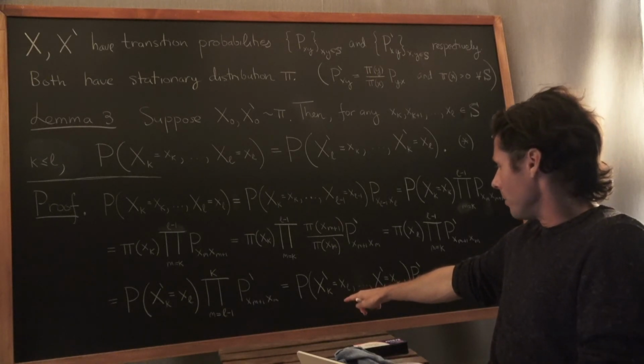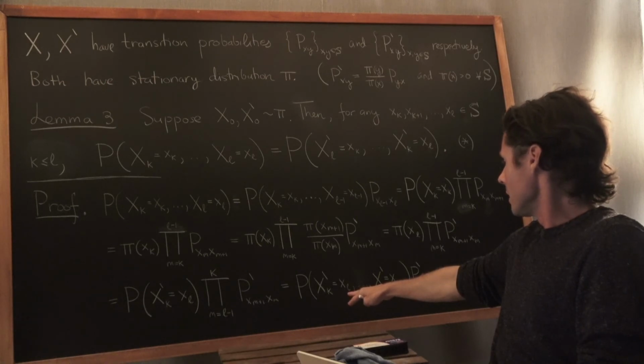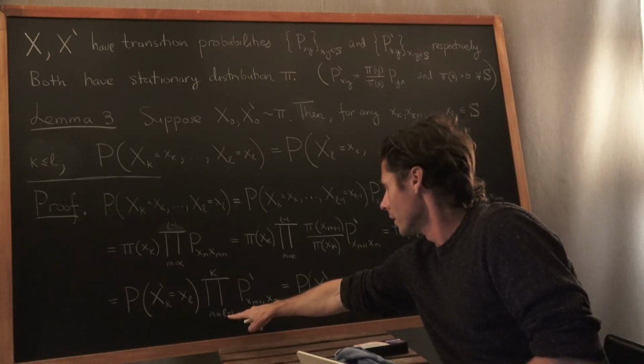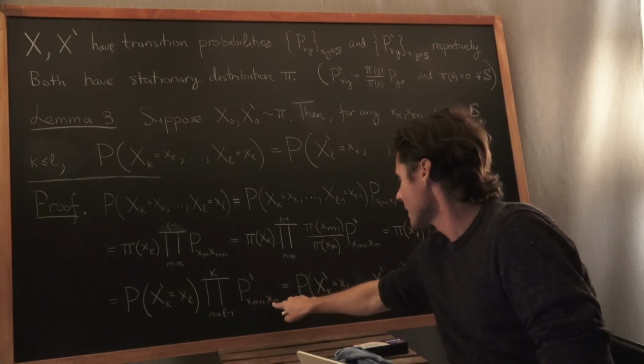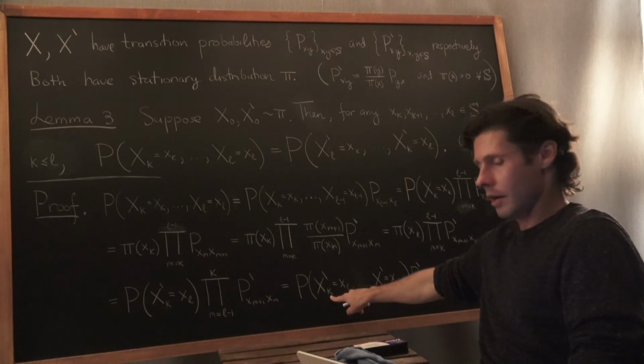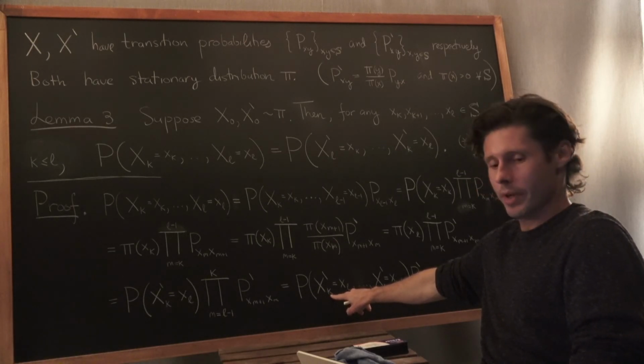So basically all it comes down to is picking the right sequence of times. And here I've started at the very last state, so x_l to x_{l-1}. So here's my x_l, and I've chosen that to happen at time k.